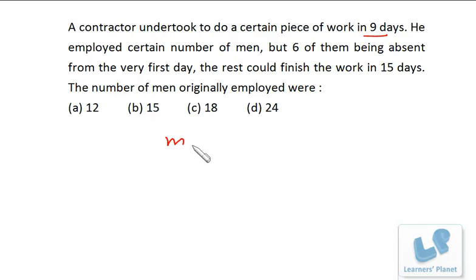Now let's assume the initial number of persons who were appointed is X. Okay, and they were able to finish the work in 9 days. 6 of them absent, that means X minus 6 people are only there who are working, and they are working for 15 days. Now we have to find out the relationship between men and days. If more men are there, then to finish a certain work, less number of days will be required.